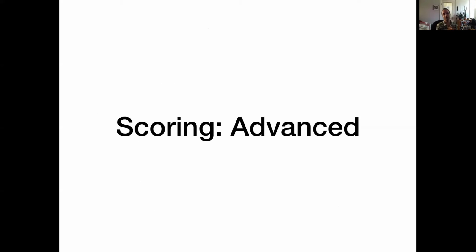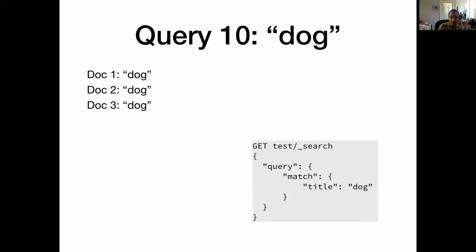So now I'm going to step into a couple of queries that I consider a little more advanced. But in fact, query 10 here may look like it's simpler than anything we've seen so far. I'm searching for dog, and I've got 3 documents containing exactly that term, and they're all identical.